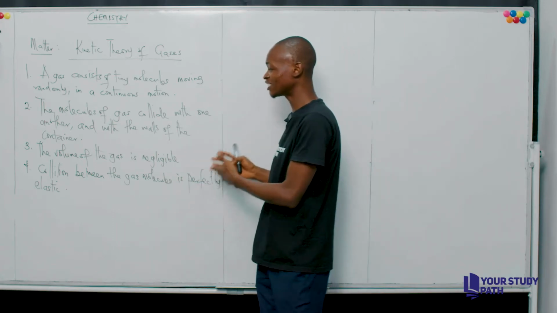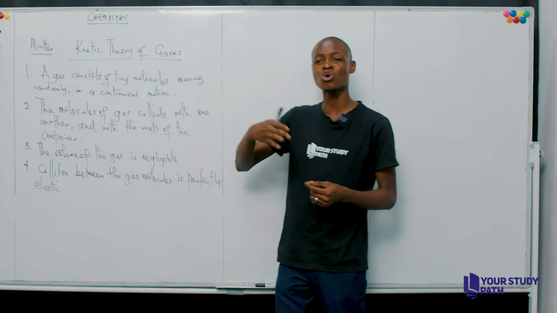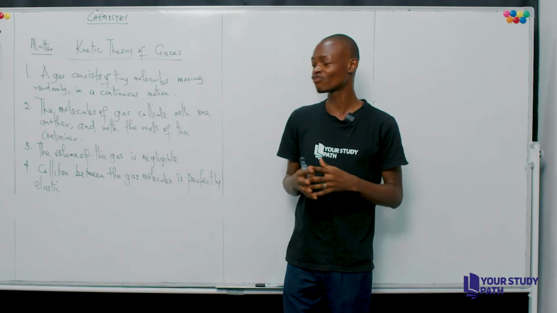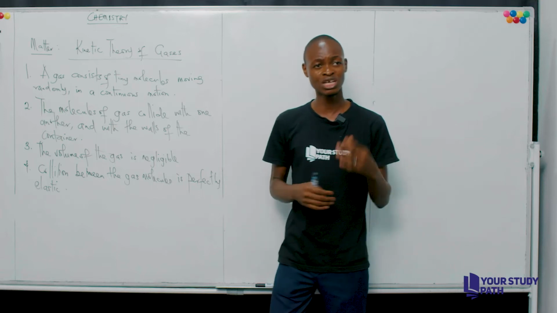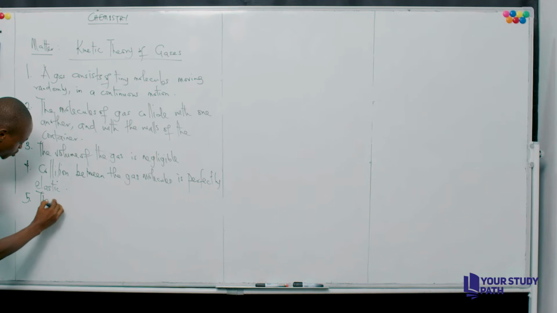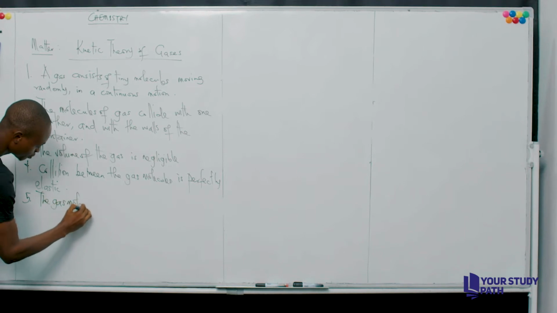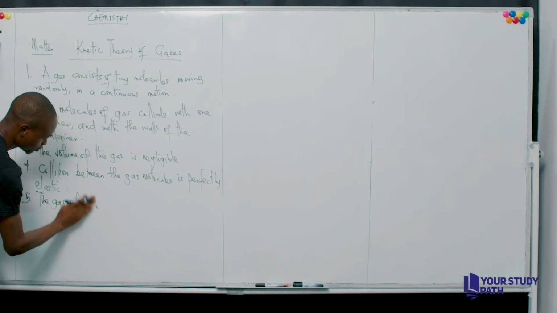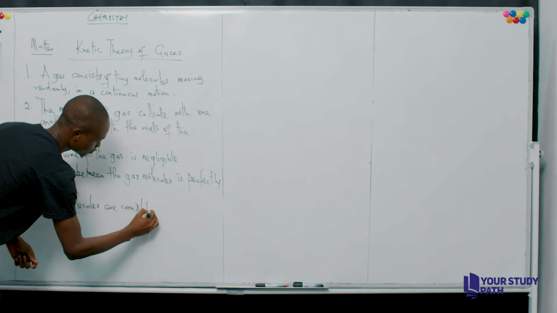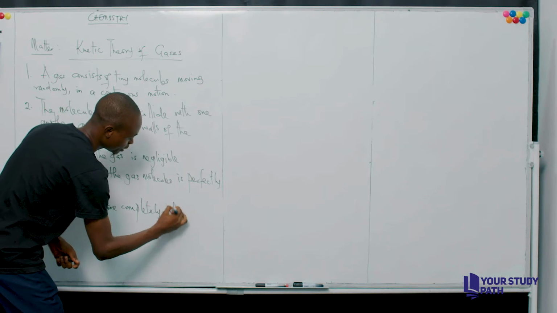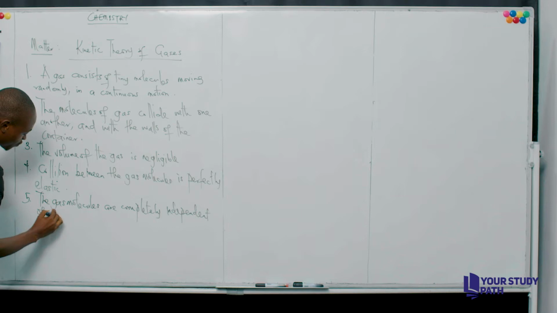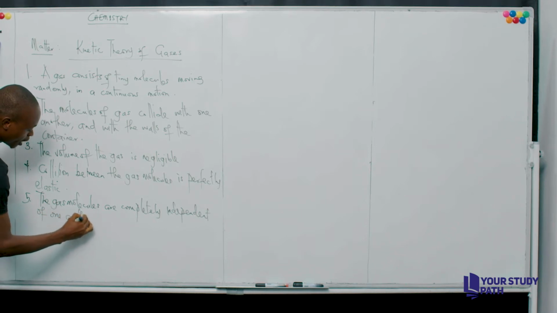And because the collision is perfectly elastic, we can draw one more assumption from this process of collisions within the gas molecules. We can now say that the gas molecules are completely independent of one another.